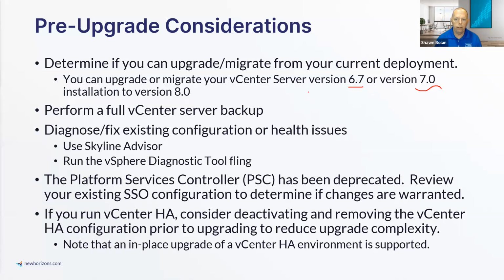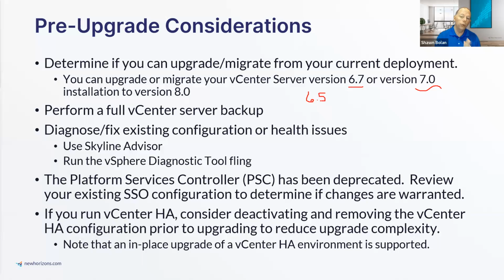If you're sitting there thinking, wait a minute, we're still on 6.5, you have more work to do. You could not go straight from 6.5 to 8. That's too big a jump. That's not allowed. You have to be on at oldest version 6.7 or any of the 7.x versions. Then you can do a direct jump to version 8.